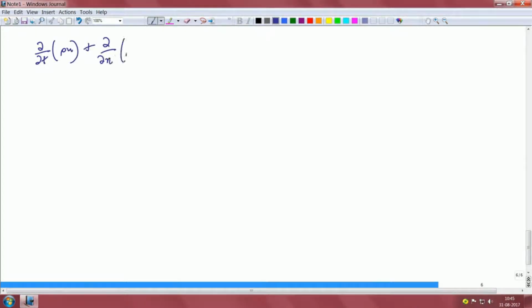Once again I am doing it in 2D; 3D is no big deal, you just have to do a little bit more algebra. Rho u v is equal to Fx plus d tau yx by dy minus d sigma x by dx. That is what you get.